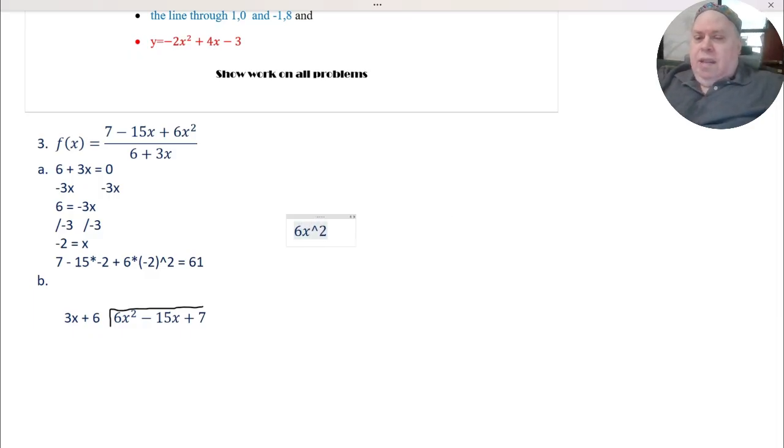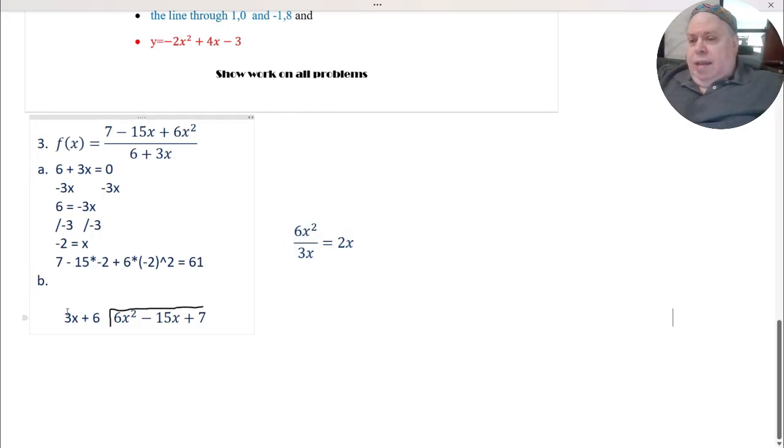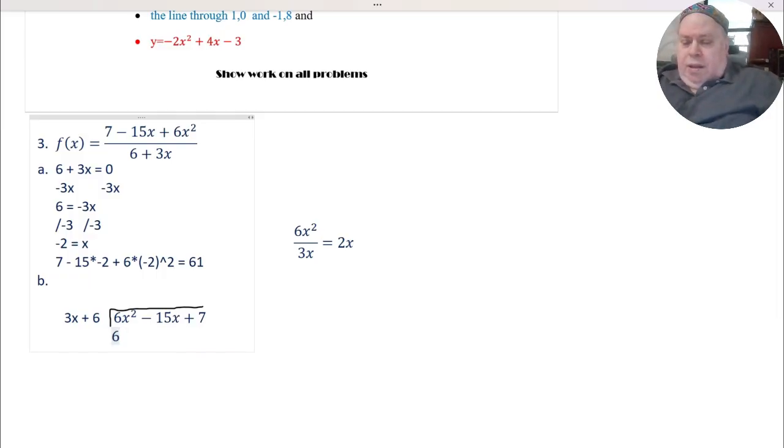We want to cancel the 6x squared, so we take 6x squared and divide it by 3x. That's going to give me 2x. So we multiply this by 2x to cancel that out, and I'm going to get 6x squared, which will cancel the 6x squared up there, and plus 12x.